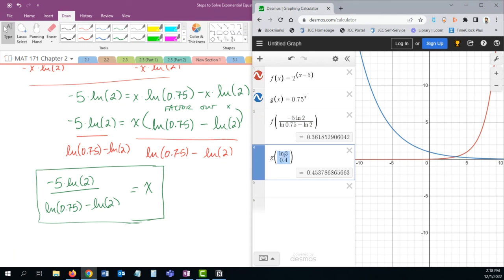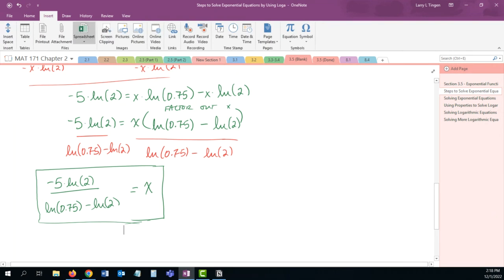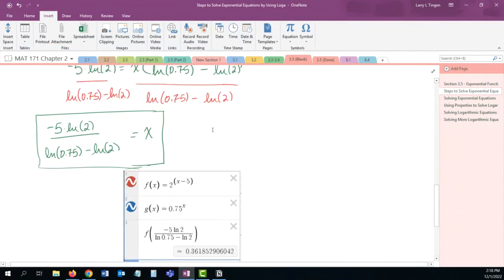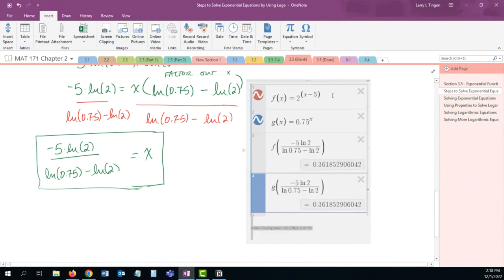Get that same argument on both sides. And does it work? Yes, it does. The left and the right-hand side agree, which means this is a solution.